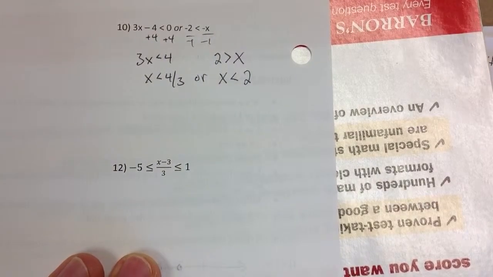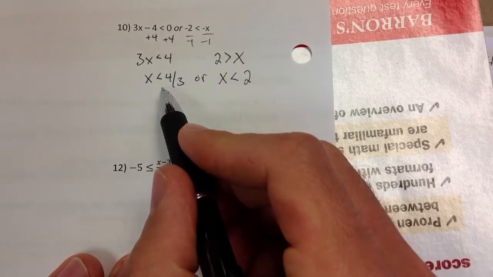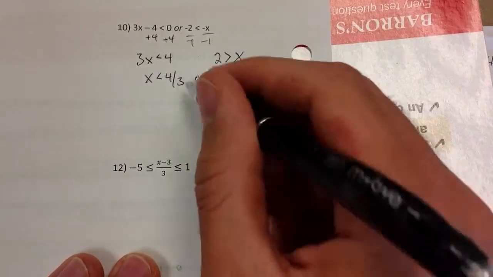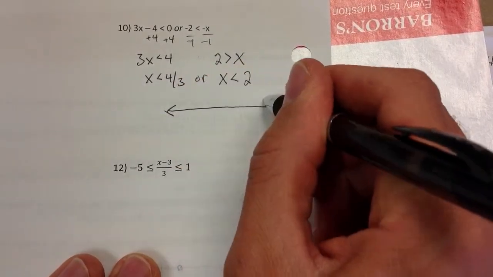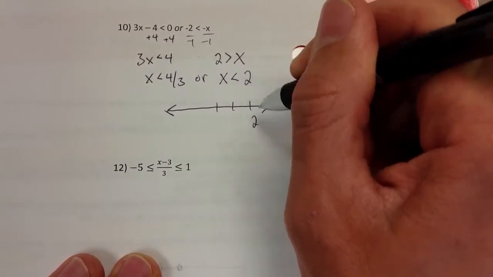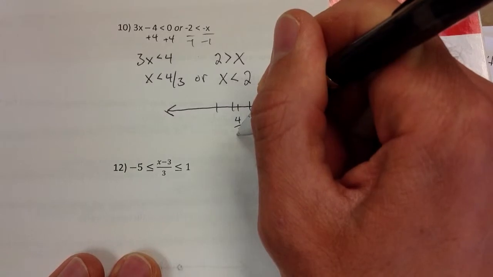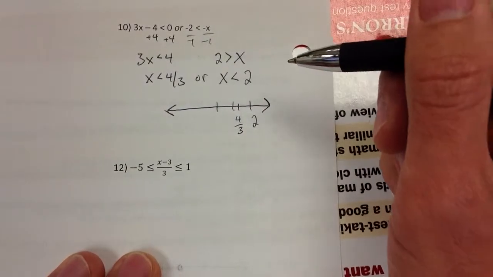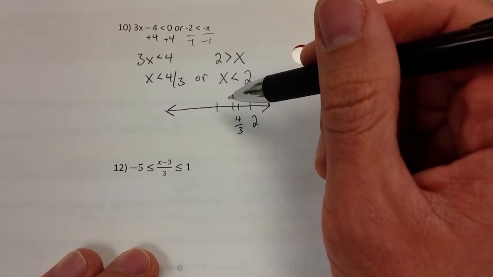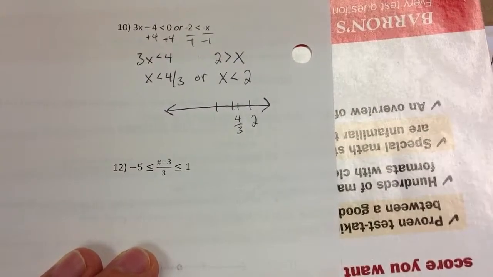So this is an interesting situation because what we're saying is that x can be less than 1 1/3 or it can be less than 2. And if you analyze that graphically, there's no point in doing both of them because it's an or situation and one includes the other.